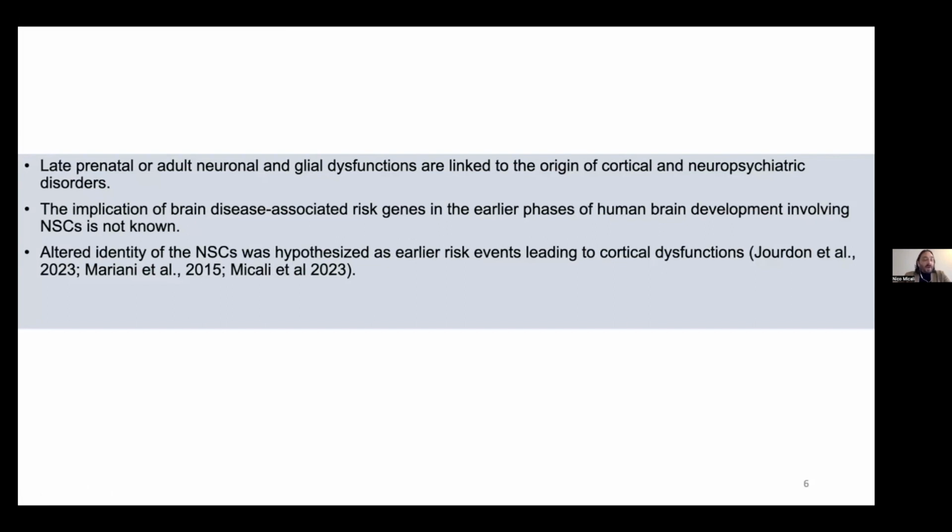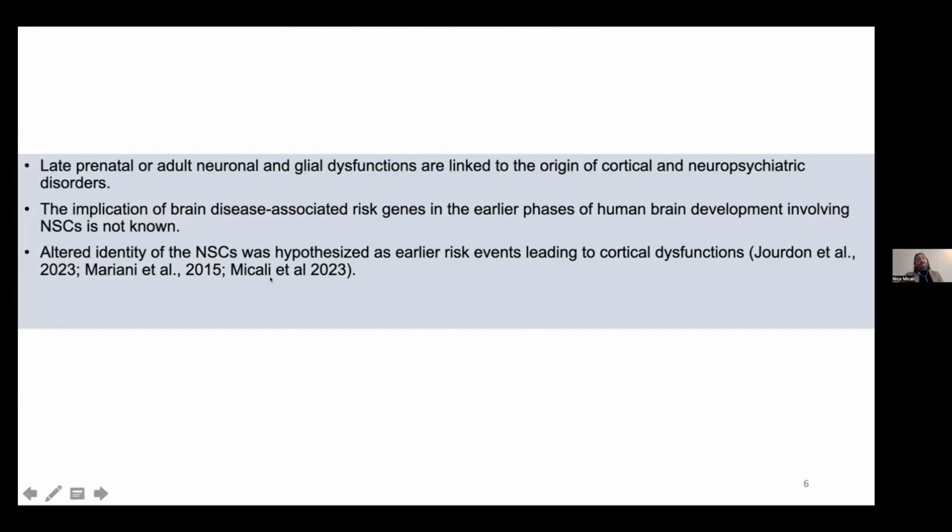However, there are several works, including from Flora Vaccarino's team, hypothesizing that altered identity of the neural stem cells is an earlier risk event leading to cortical dysfunctions.